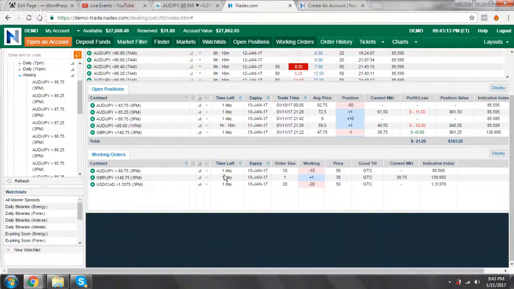Then you see it down here in your working orders. What that means is if it goes in our direction, the market is at 0, which means it's far from where we want to go. But if it starts going in our direction, you see this start at 1 and then start going up. It takes us out with profit on each contract we purchase. We purchased 10 contracts, so that's $500 profit.